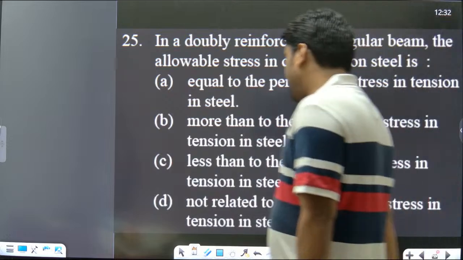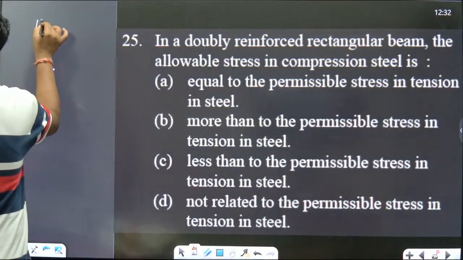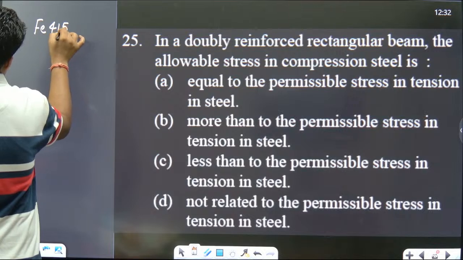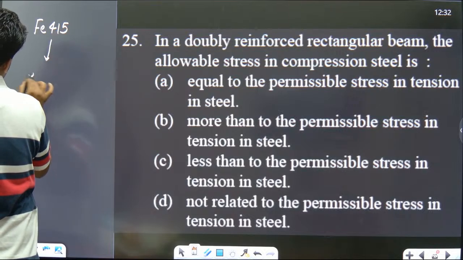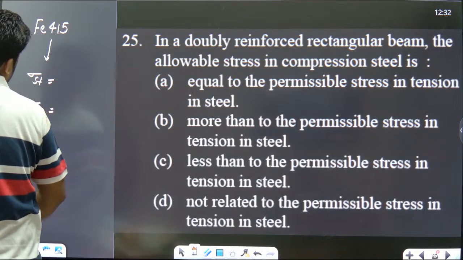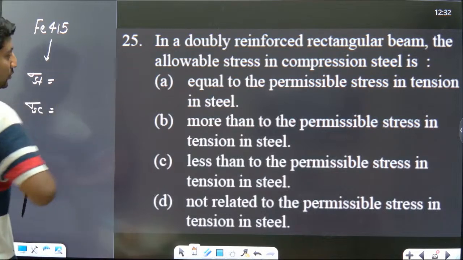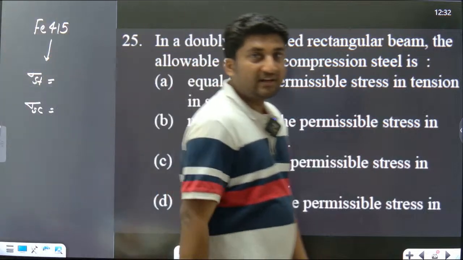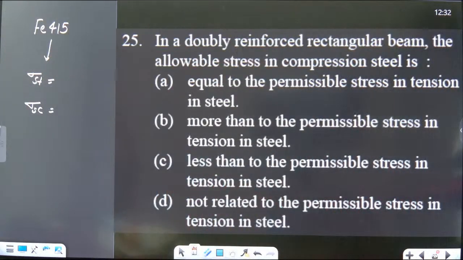Now if you see Fe415, let us suppose I have taken the value of Fe415. What is the permissible stress in steel in tension? The values here are 230 and 190. Yes or no?